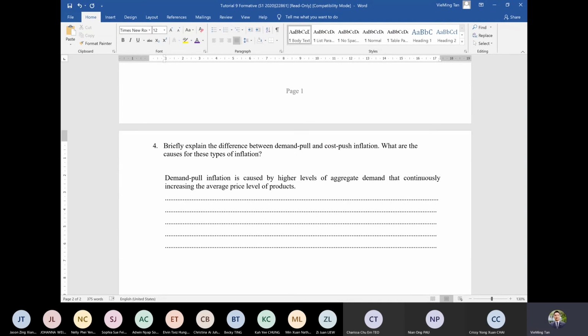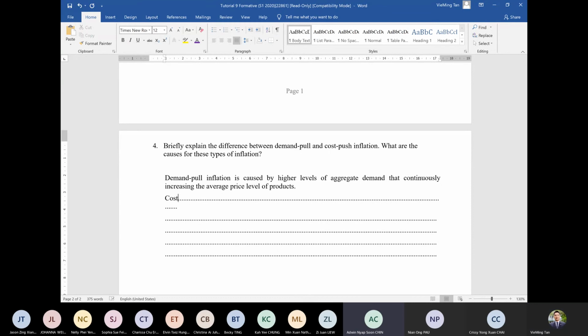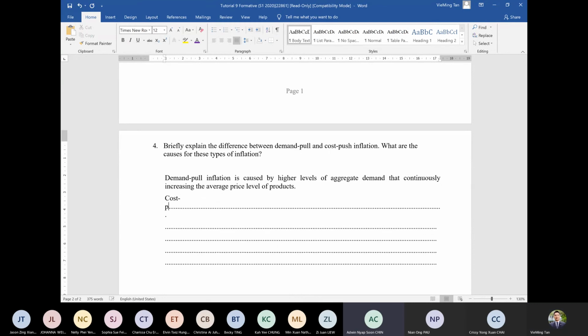Okay, good, thank you. Then how about the cost push inflation? We see already done. Ren is not here. Edwin? Cost push inflation occurs when there is a rise in production costs.